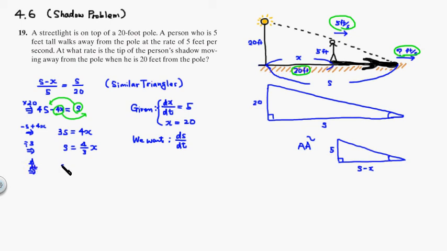The derivative of s is ds over dt, which is what we're looking for. 4/3 is just a constant multiple, so put that there. The derivative of x is dx over dt. We already know that dx over dt is 5, so you plug in 4/3 times 5, which gives you 20/3. Which means that the tip of the shadow is moving away from the pole at the rate of 20/3 feet per second.